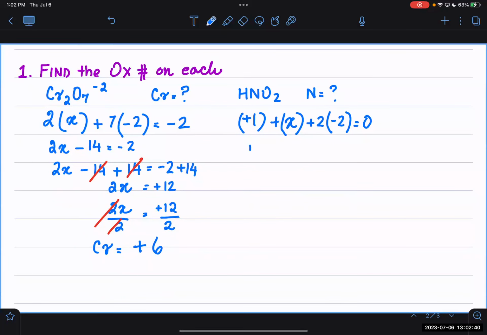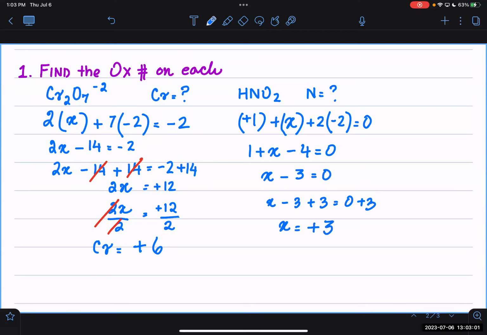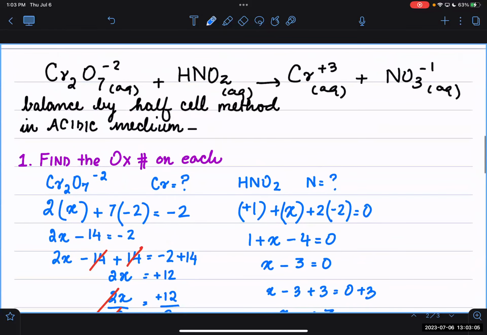So you have 1 plus X minus 2 times -2, that's 4, is equal to 0. X minus 3 is equal to 0. So X minus 3 plus 3 is equal to 0 plus 3. So X is equal to +3 oxidation number. Clear? Next is the Cr+3, we already know. And then NO3 -1.